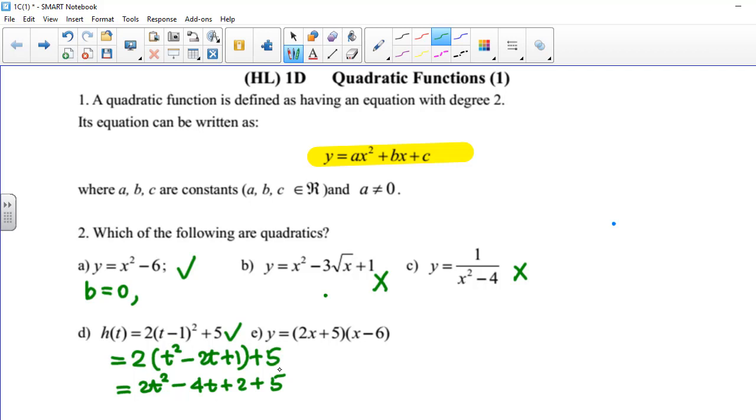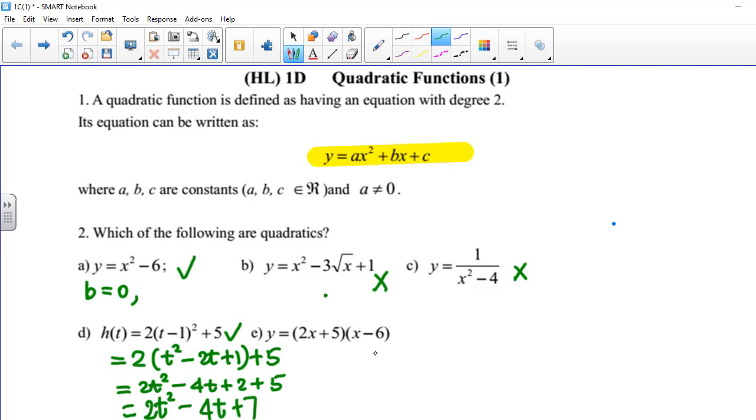We also can combine the like terms in order to get 2t squared minus 4t plus 7. After we expand the perfect square and distribute the 2 into the brackets and combine the like terms, we can turn this equation into y equals ax squared plus bx plus c. This is why we say this one is a quadratic function, even though it's written in a different form.